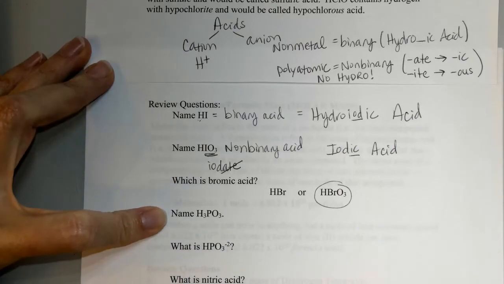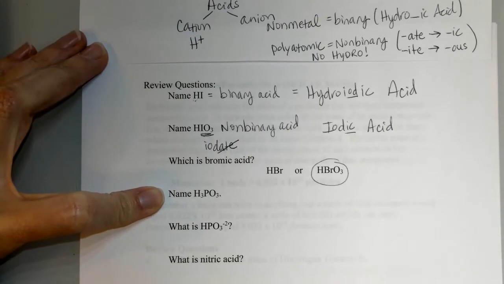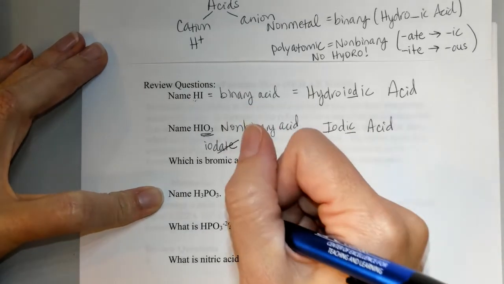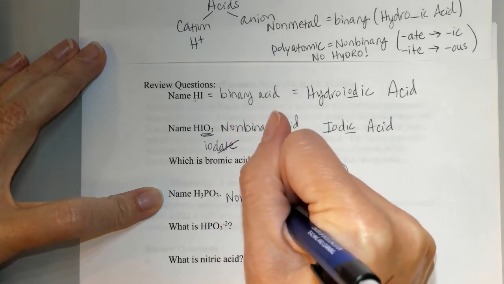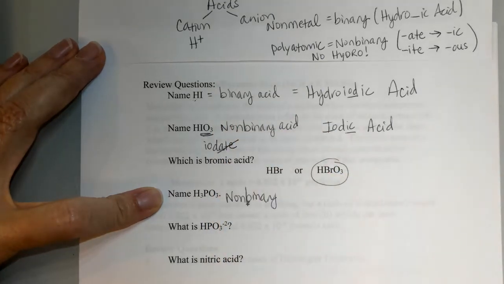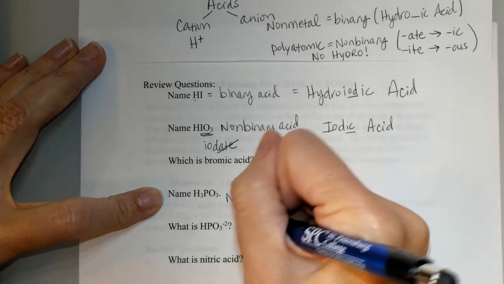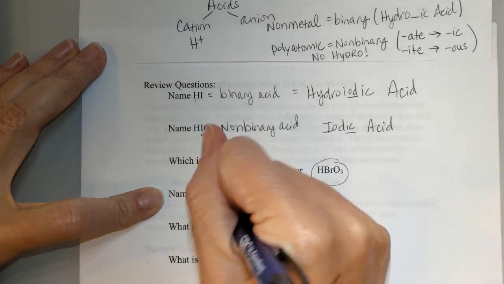We have H3PO3. Again, we know it's an acid because it starts with H. It's non-binary because there's more than 2 elements. So I need to look at my list of polyatomic ions. PO3 is called phosphite.